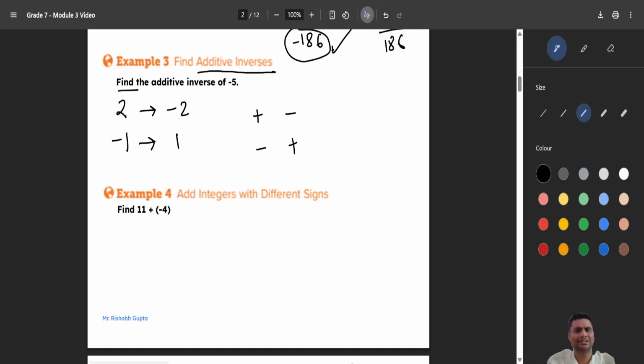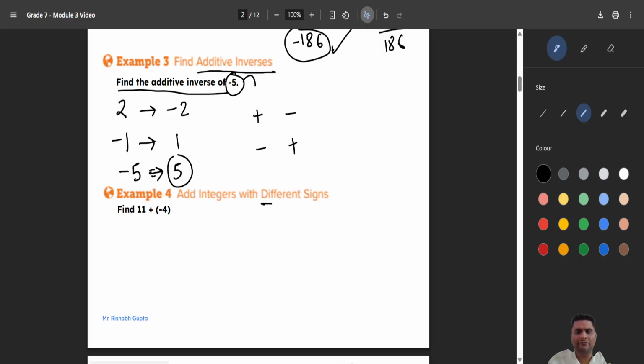In this question he says find the additive inverse of minus 5. So the additive inverse of minus 5 will be 5. Simple. So additive inverse means the opposite of that number. If you see minus, change it to plus. If you see plus, change it to minus. That is it.